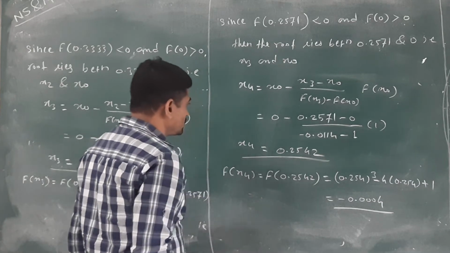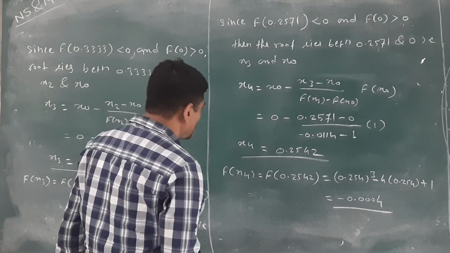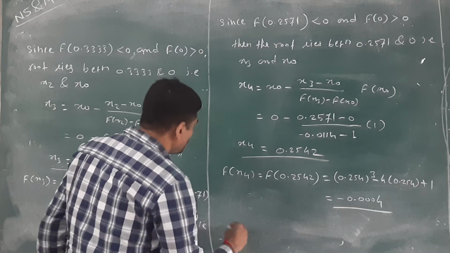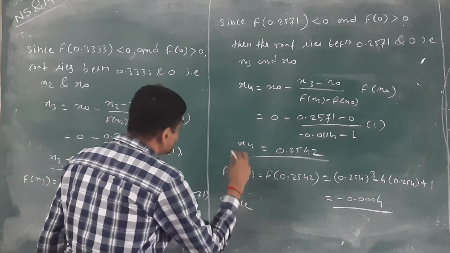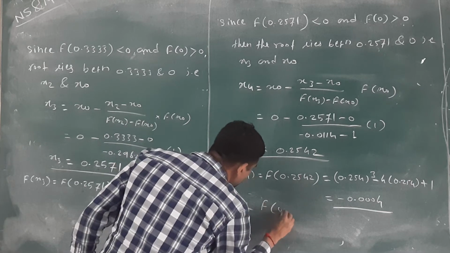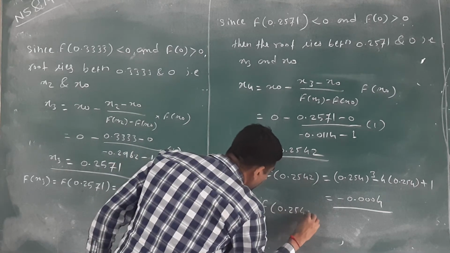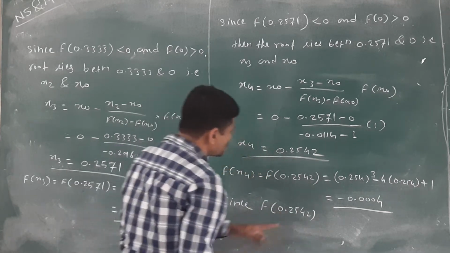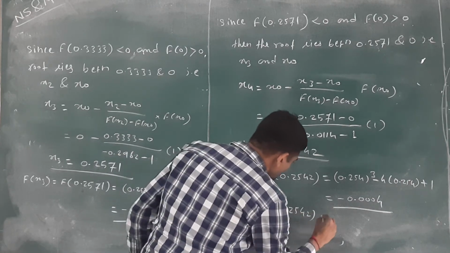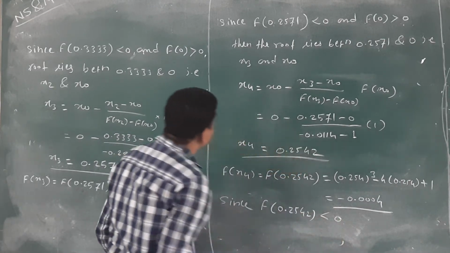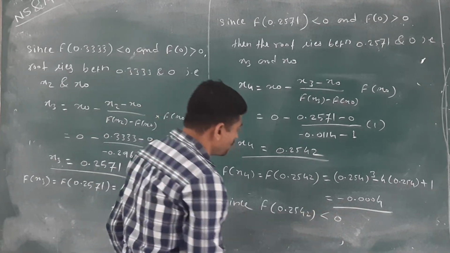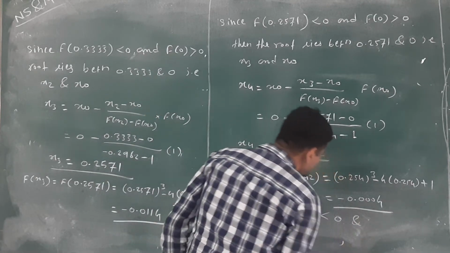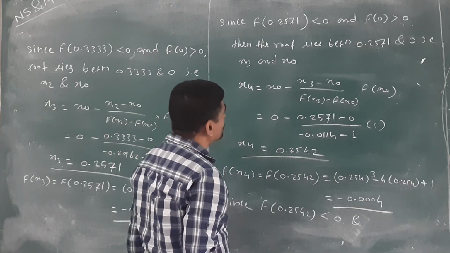Since, next step, we can write: since f of 0.2542 is less than 0 because of the negative value, and x0 has the positive value.